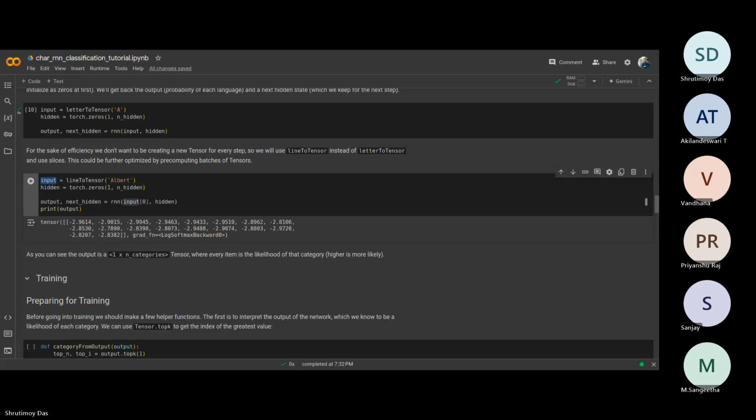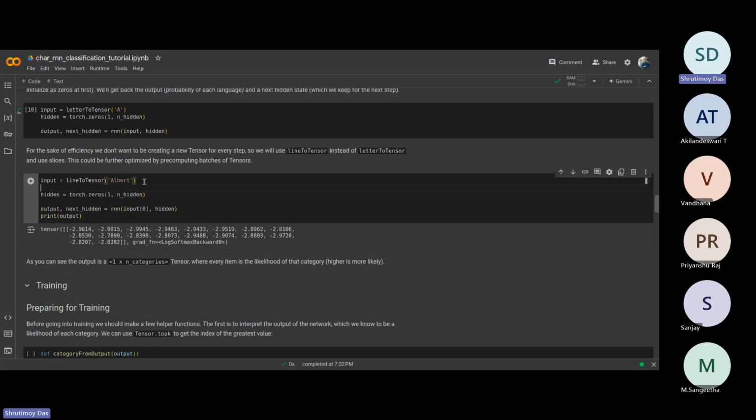Anyone? This input will be a tensor. So what will be the size of this? Can anyone say? There are 6 letters, and each letter will have an embedding of 57. So what will be the size of this input tensor?